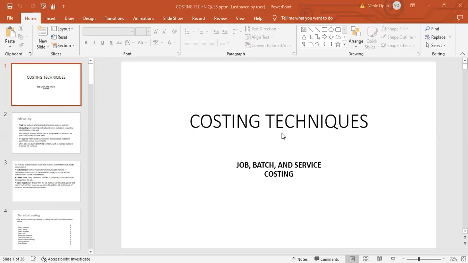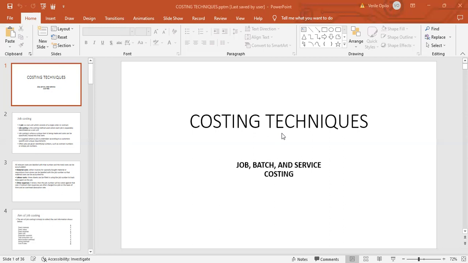If you are a company that deals with projects, let's say, for example, you're a construction company, then you're going to be given contracts. So in such a case, you will be using what we call the contract costing method.